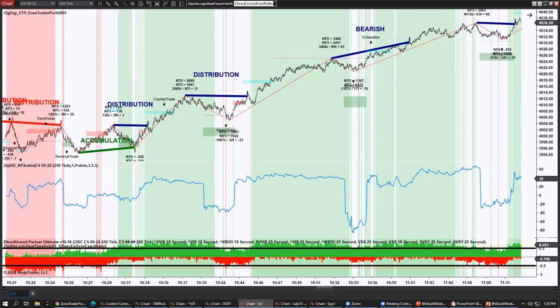And I said, I'm just going to create this for myself. I know what I'm doing. I've traded order flow since 2004. And that's when I created my order flow suite. And that's why I did it.